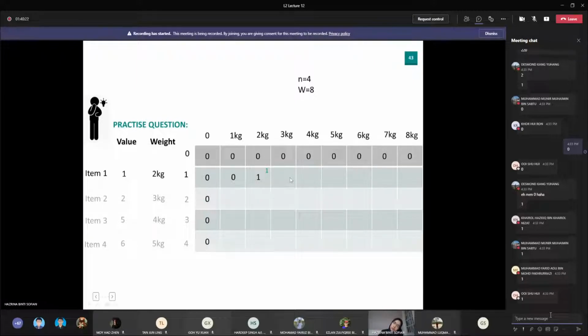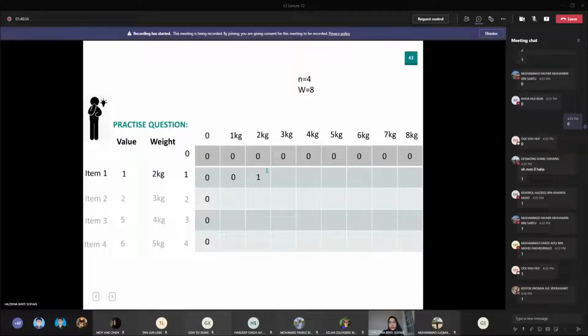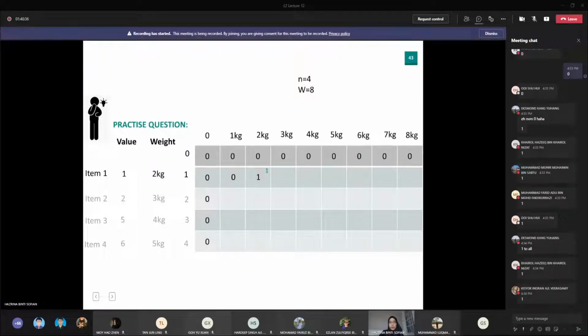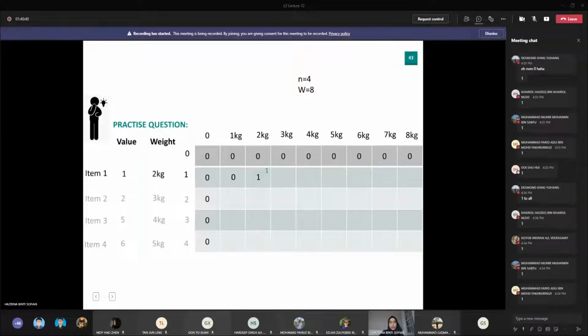Next is 3 kg, 4 kg, 5 kg. What would it be? One also, Cairo. One to all. Very good. One to all because we can only pick one unit of item number 1.